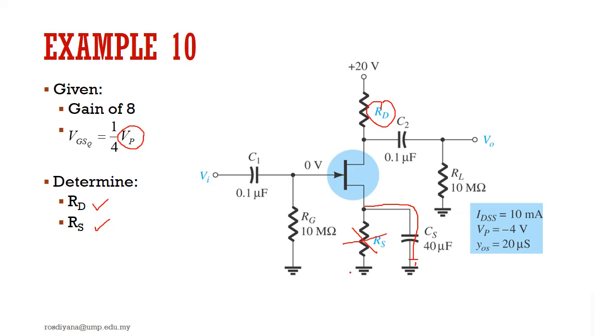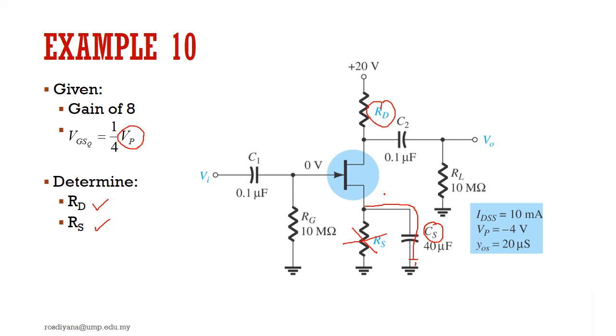If we look at this circuit, in the DC analysis, the capacitor here will be an open circuit. When it is open circuit, we have RS. So at that time, we can calculate the value for RS.